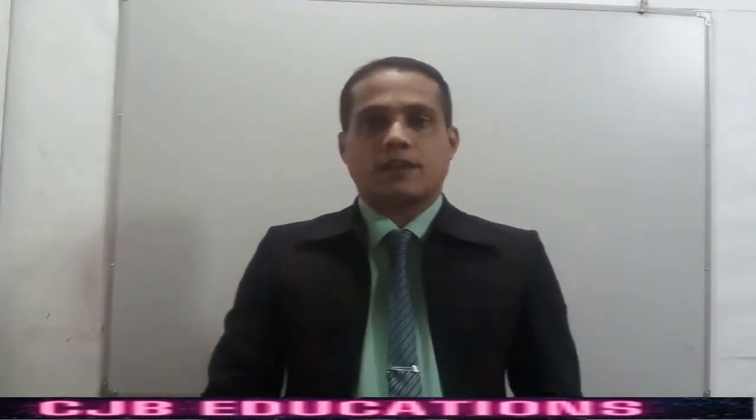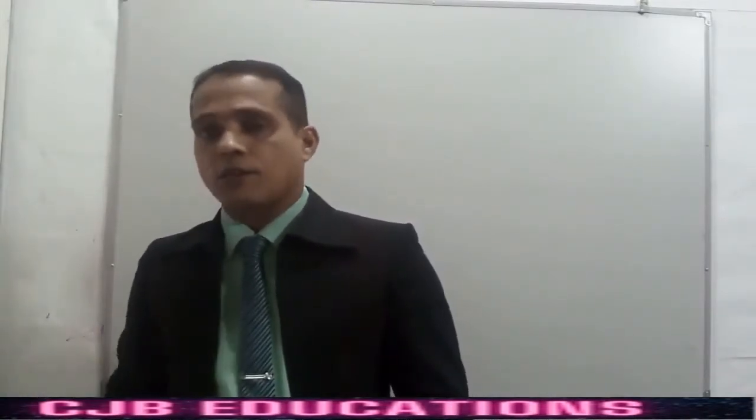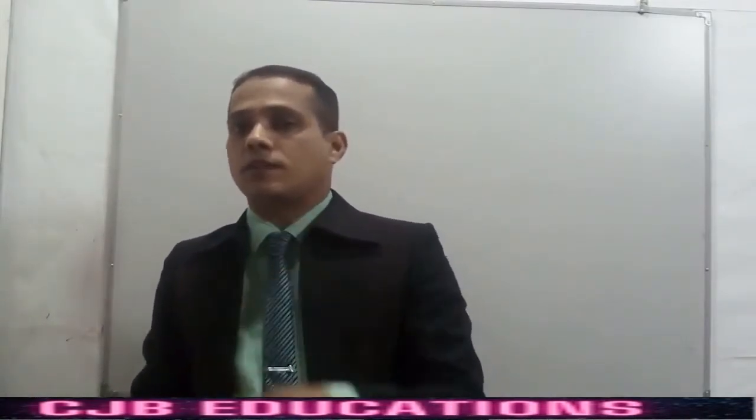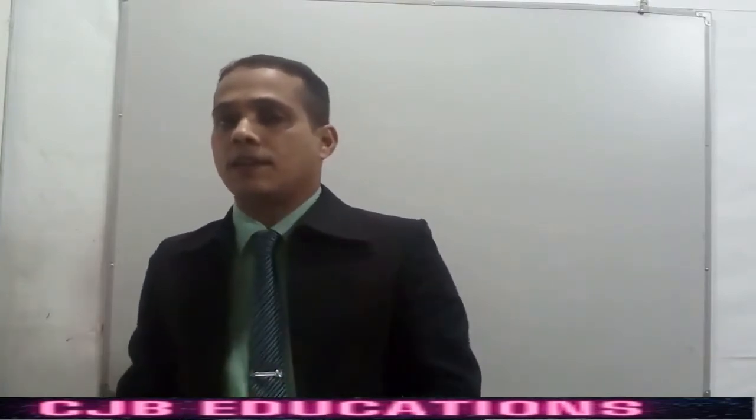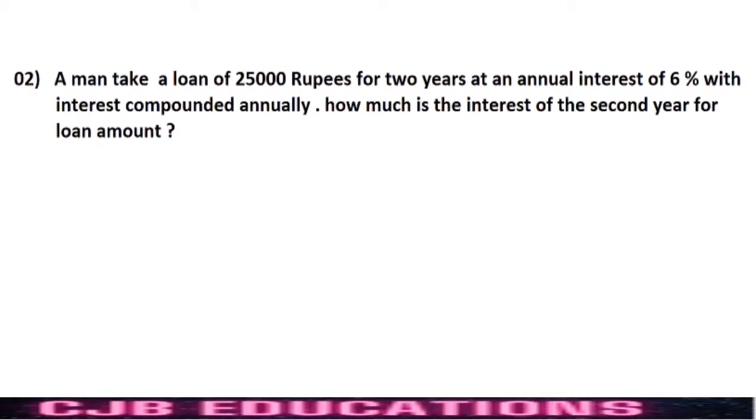Okay children, we can move to the second question. You can write down this question as displayed on the screen. A man takes a loan of 25,000 rupees for 2 years at an annual interest of 6% with interest compounded annually.